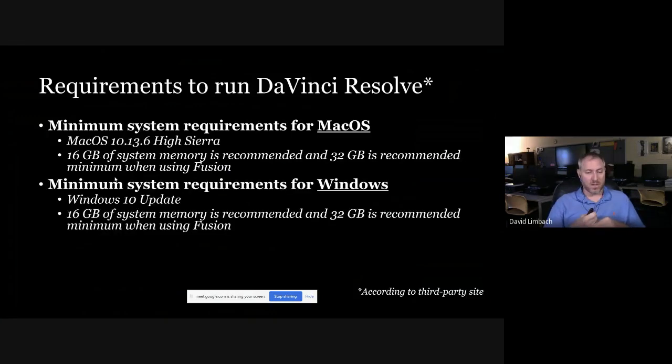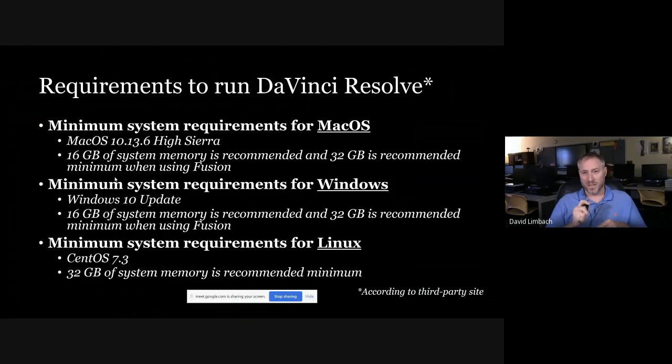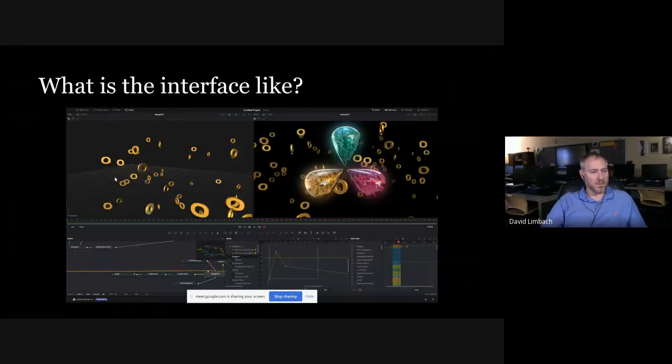For Windows, you're looking at 16 gigs, same thing, 32 gigs if you're using Fusion. And also for you nerds like myself, it's available for Linux, but they require a minimum of 32 gigs of memory. I'm not sure why that's the difference, why it's so much more, but I do think it's interesting that it's available for all 3.